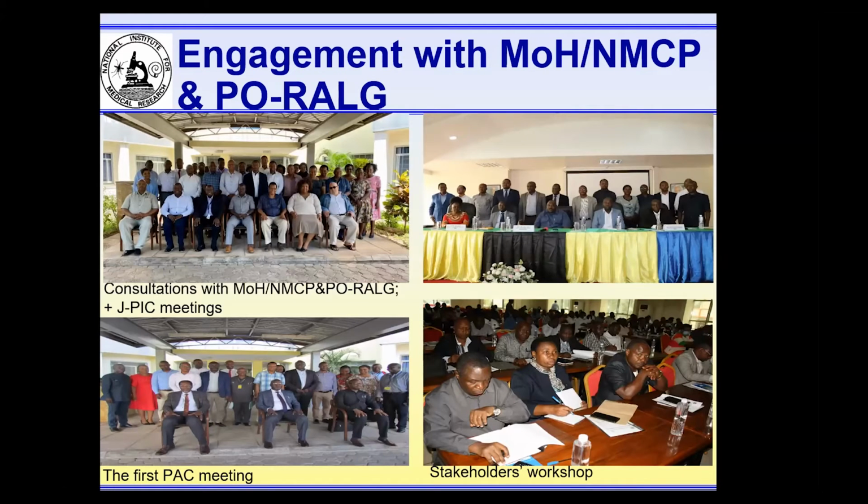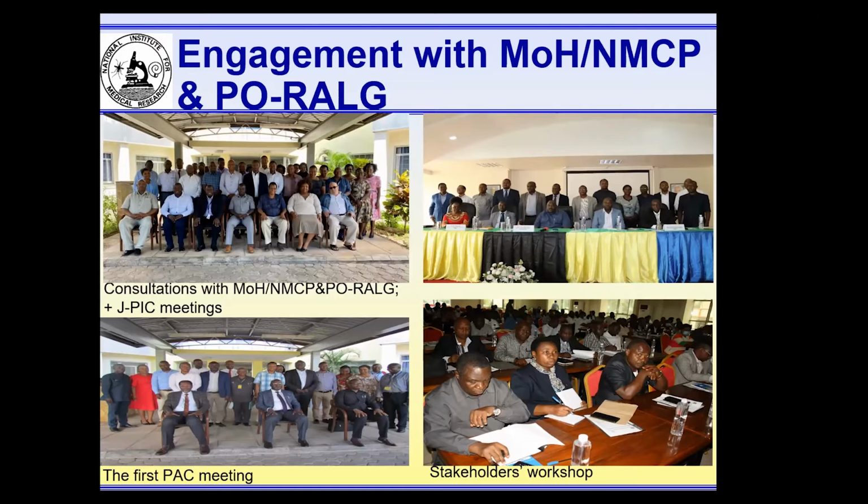We have been doing lots of engagement activities. In the first picture, top left, that's the first meeting we had after several consultations. So this is the first meeting of the Joint Implementation Committee, where NIMRI, NMCP, and the project team sat together to streamline and agree on the implementation of the project.